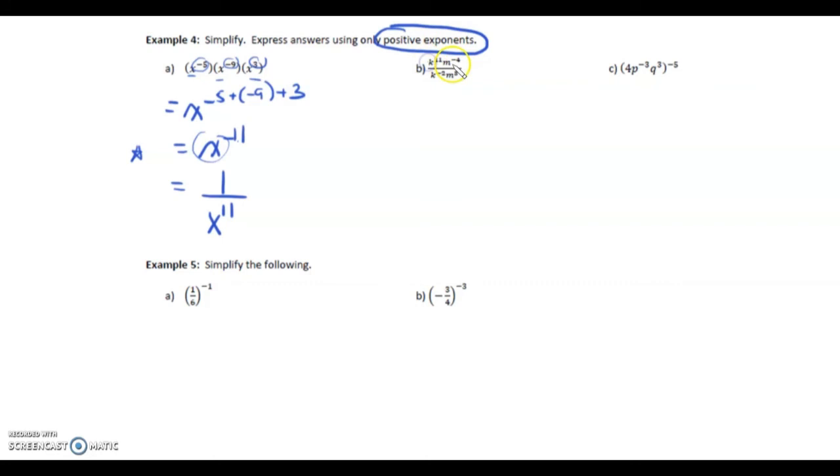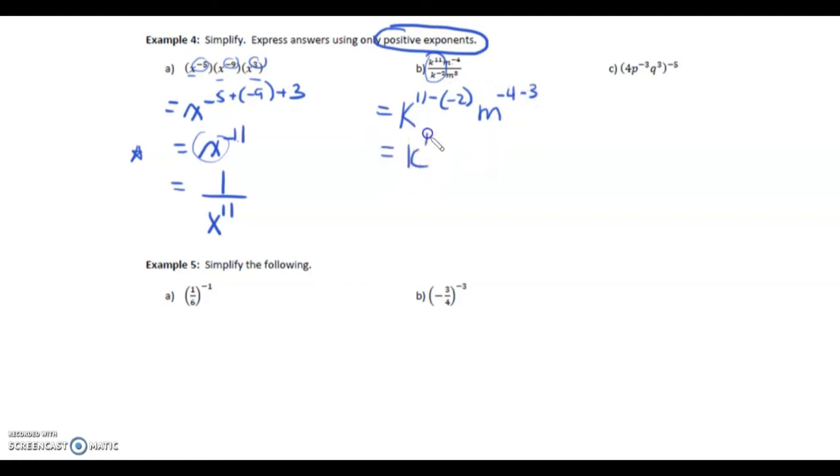There's only a k and an m in the numerator, and then there's a k and an m in the denominator. The numerator and the denominator are fully simplified, so we can skip right to the division. We're going to subtract 11 minus negative 2, and then m to the negative 4 minus 3.